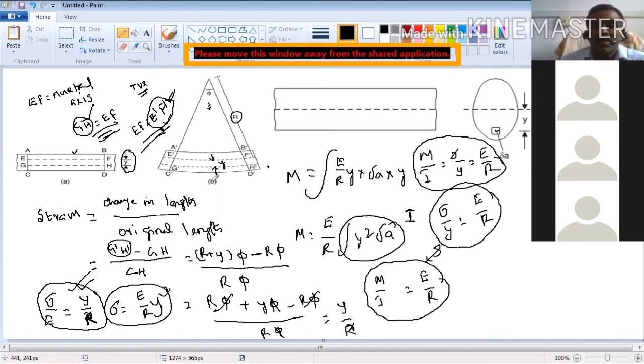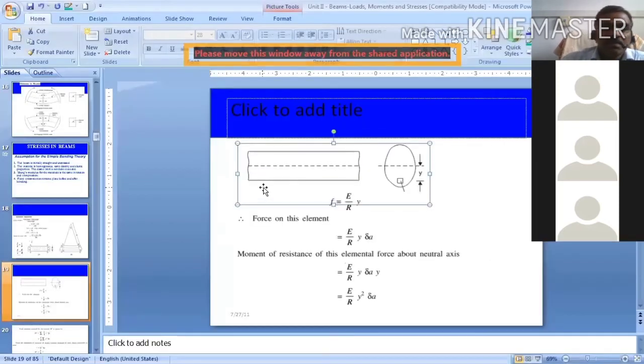If you are asked to derive the bending equation, you have to do this. Now you can see a derivation is given in the PPT.